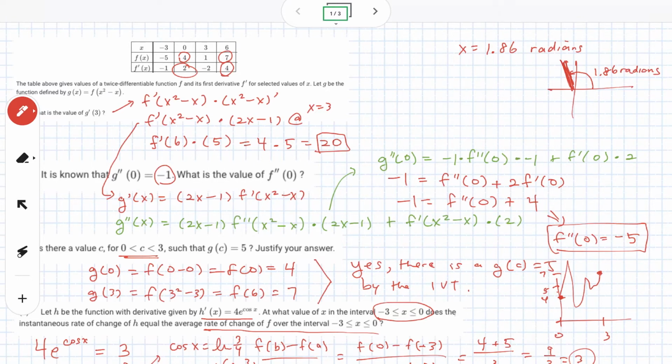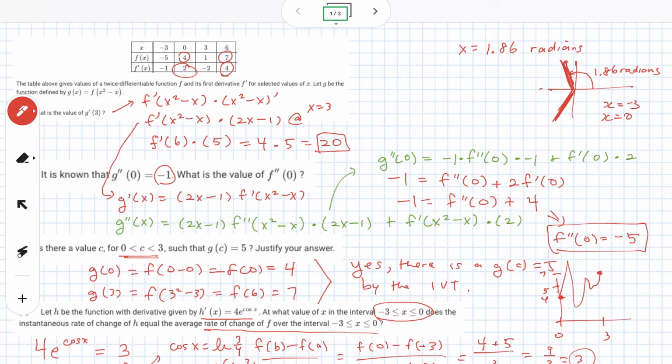So the question is asking us, in the interval from -3 to 0, and I know that cosine would have the same value here.